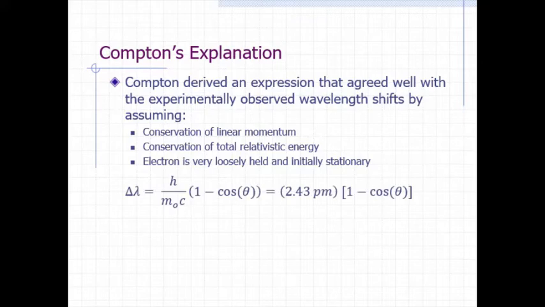Delta lambda is equal to h over m naught c times 1 minus cosine theta. Here, h is Planck's constant, c is the speed of light, and m naught is the rest mass of the electron. The quantity h over m naught c is called the Compton wavelength of an electron and is equal to 2.43 picometers. A picometer is 10 to the negative 12 meters.